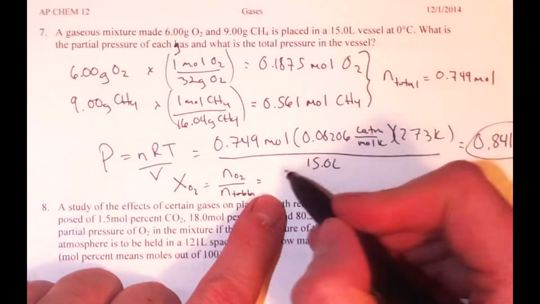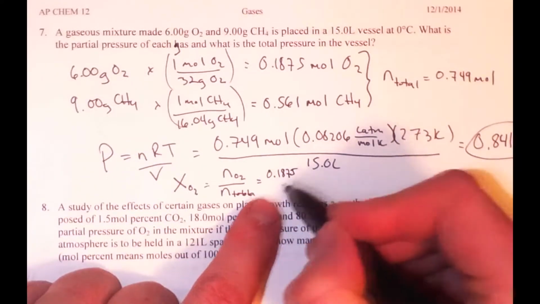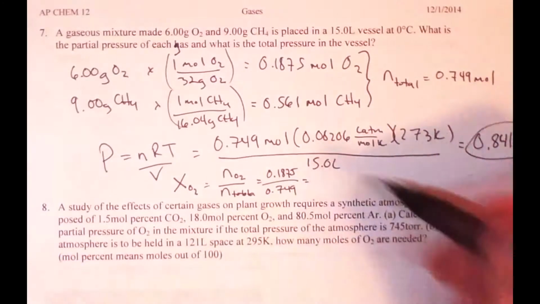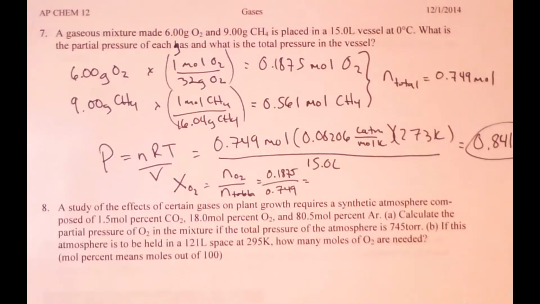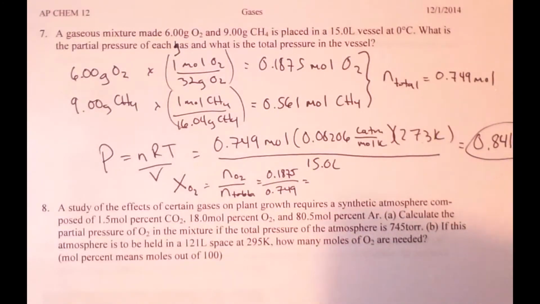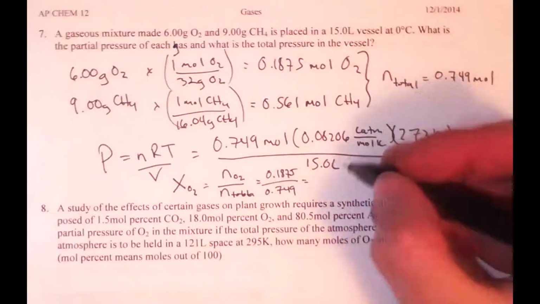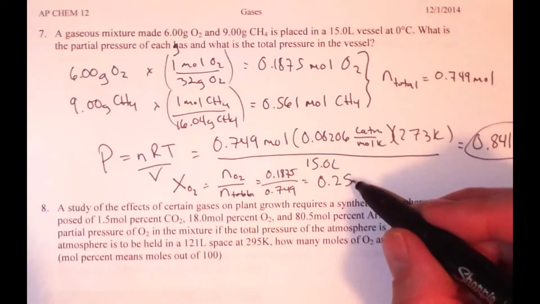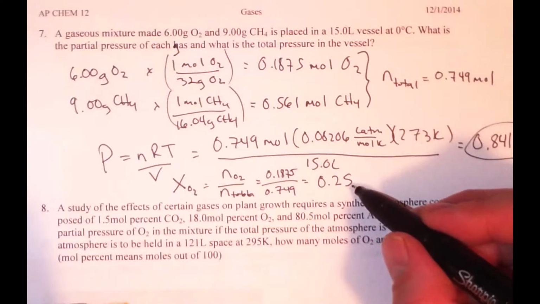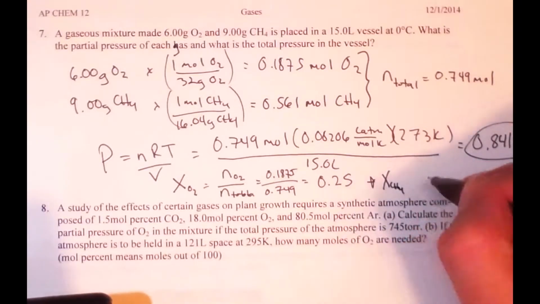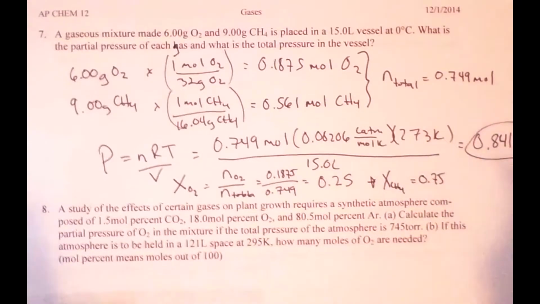So that's going to be equal to 0.1875 divided by 0.749, which equals 0.25. If the mole fraction of O2 is 0.25, then the mole fraction of methane must be equal to 0.75.